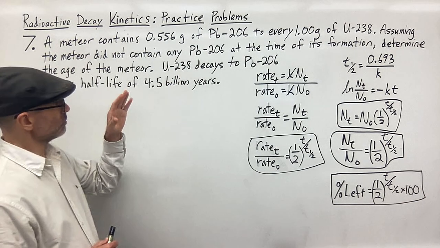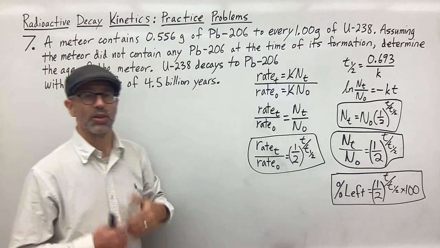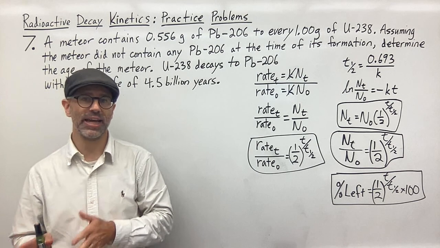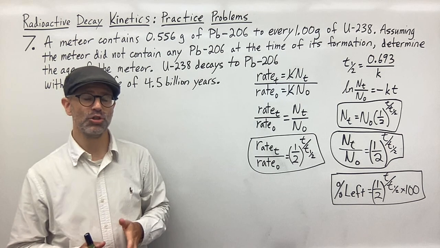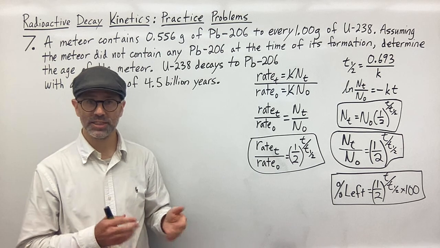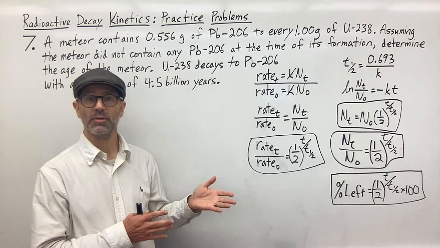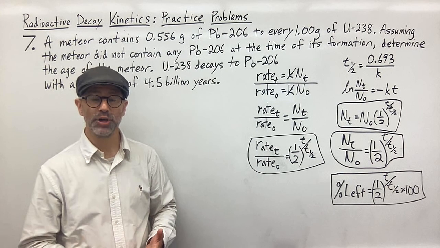So we have that for every 1 gram of uranium 238. So the decay that we're looking at is uranium 238 going to lead 206. So if we assume that in the beginning there was no lead 206, then where did that lead 206 come from? It had to come from uranium 238.